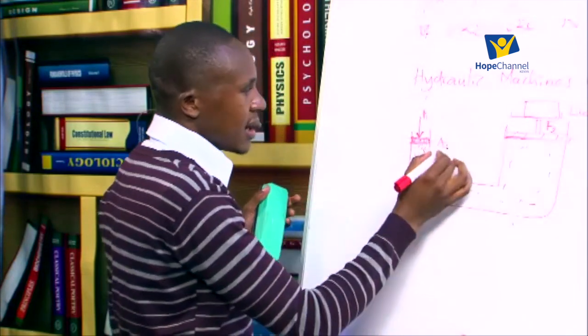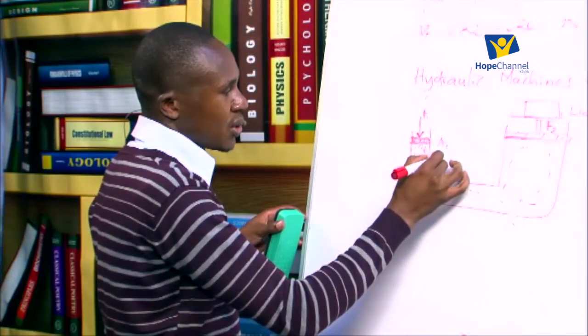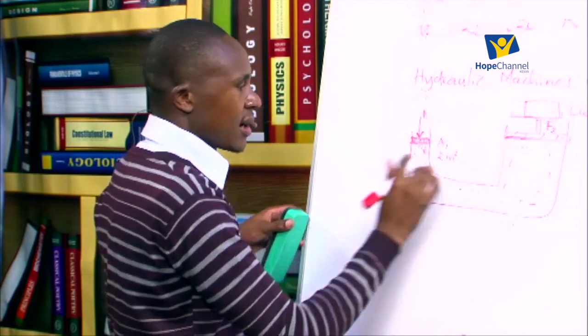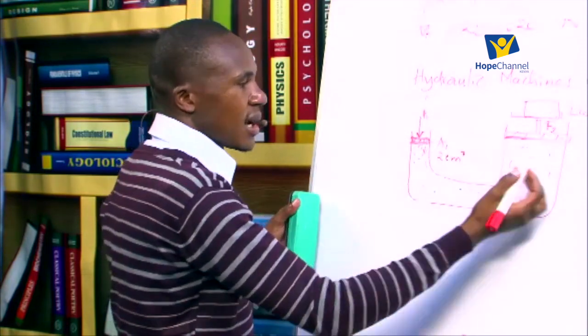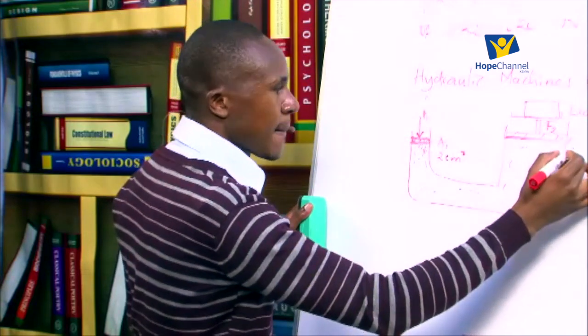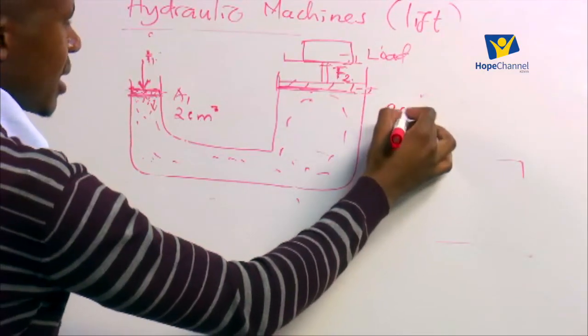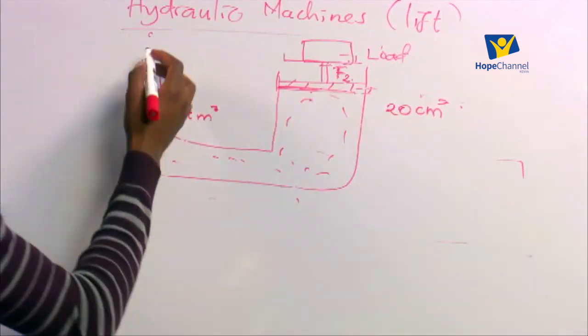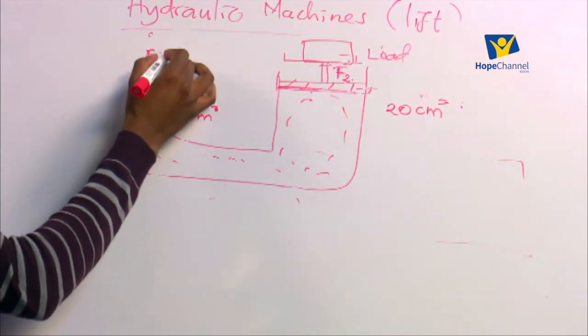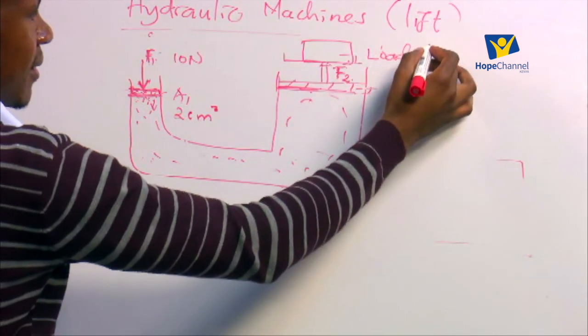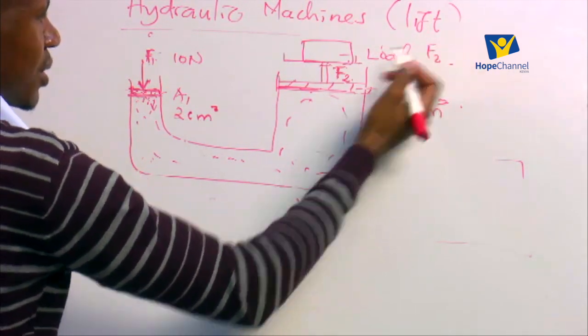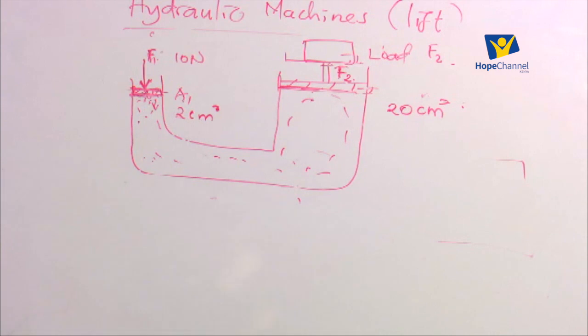The area here, given that A1 is equal to 2 square centimeters, and A2 on the other side is say 20 square centimeters. An effort of 10 newtons is exerted to raise a load whose value we do not know, F2. So in this question we find the value of F2.